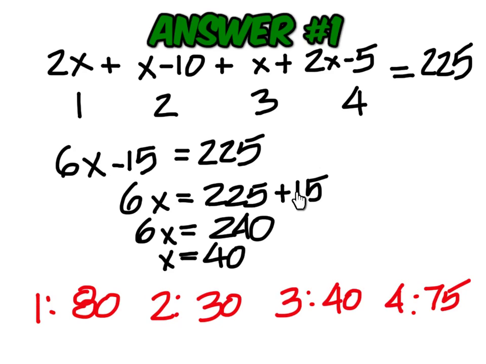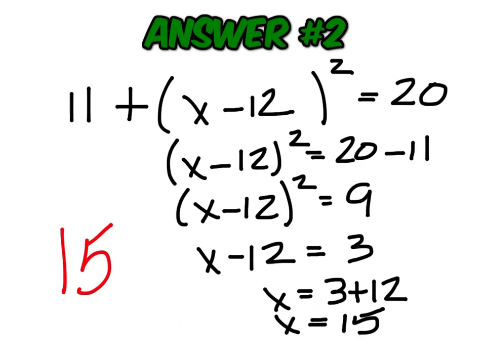Move this to the right, make it plus, and then divide by 6, and you end up with a 40. We are looking for all of them, so you plug 40 back into each expression to get the answers of 80, 30, 40, and 75.